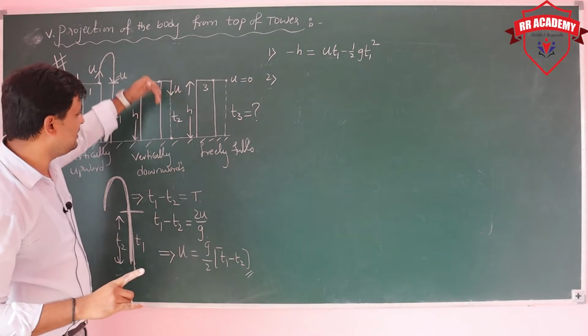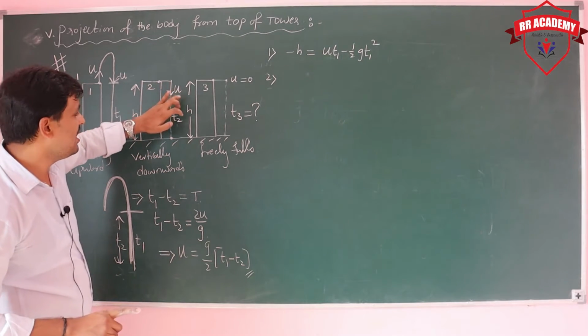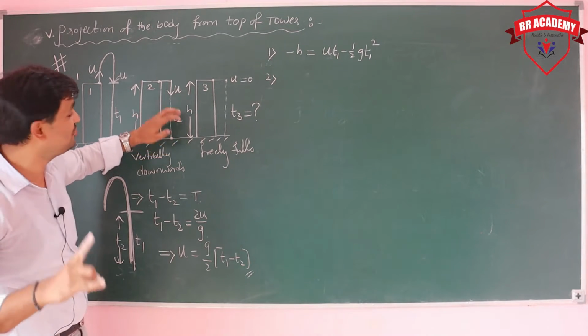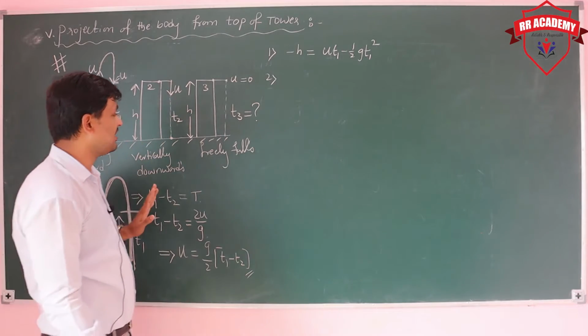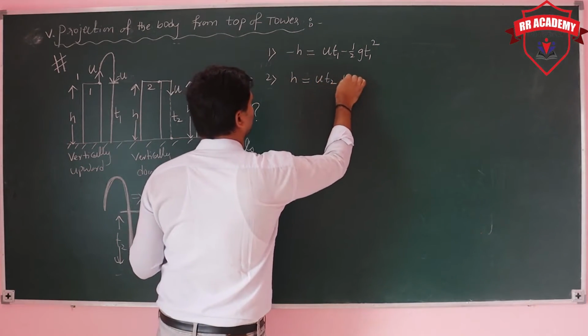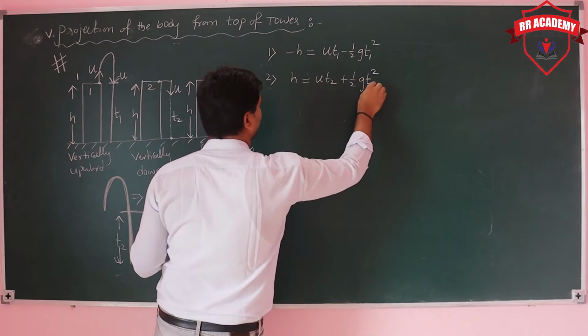We are projecting the body downwards with what velocity? U velocity. Acceleration is plus g or minus g? Plus g. So h is equal to u t2 plus half g t2 square.